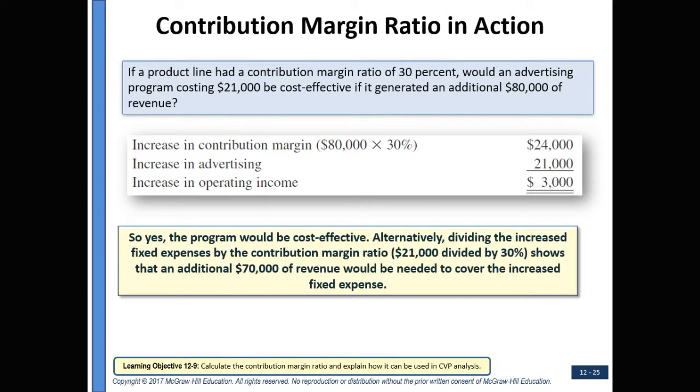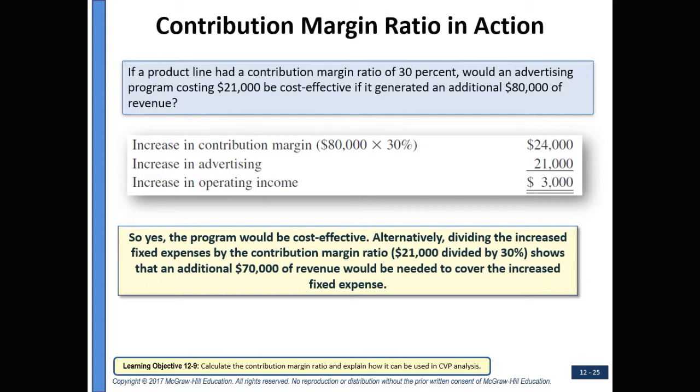So yes, the program would be effective. Alternatively, dividing the increased fixed expenses by the contribution margin ratio: if we take $21,000 and divide that by 30%, that shows that an additional $70,000 of revenue would be needed to cover the increased fixed expenses.